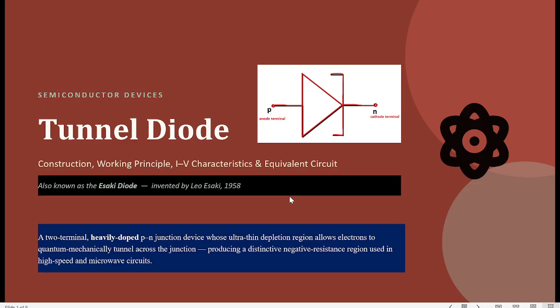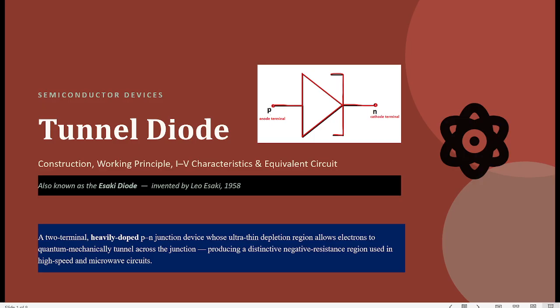Now this tunnel diode is actually made of semiconductor materials which are degenerately doped or heavily doped. So the PN junction in this device is a heavily doped PN junction, and because of that heavy doping, the depletion region is very thin, of the order of 10 nanometers in width.